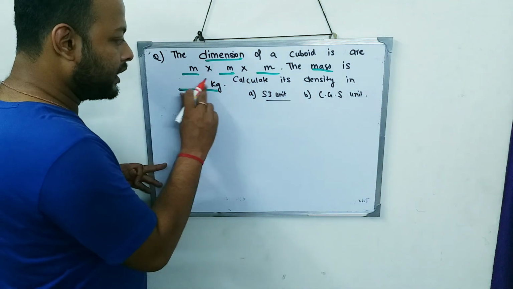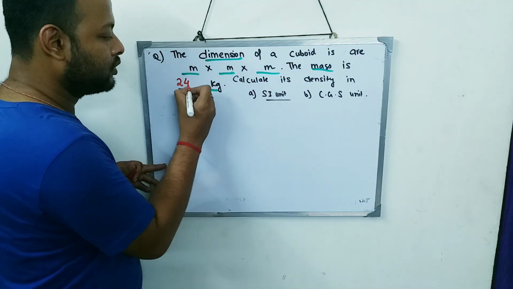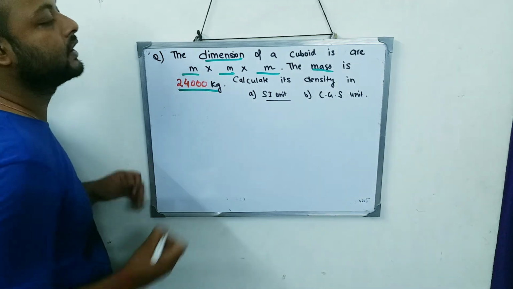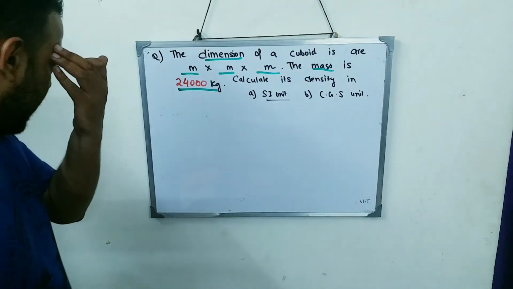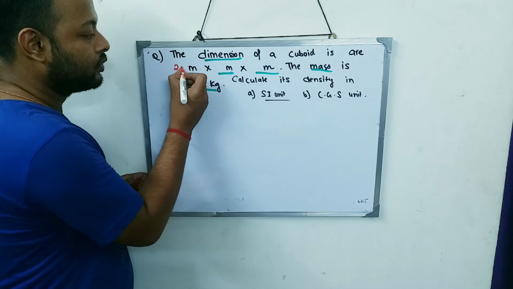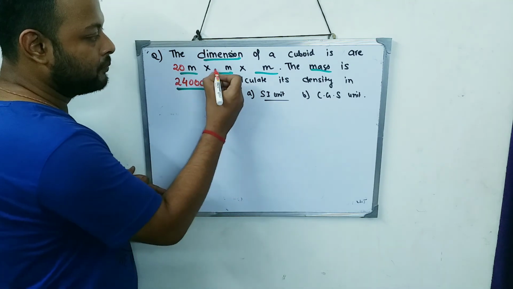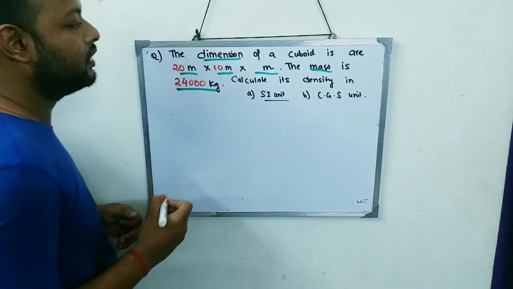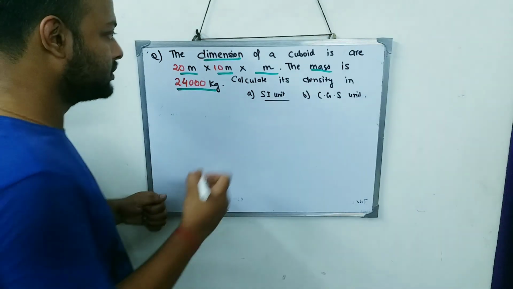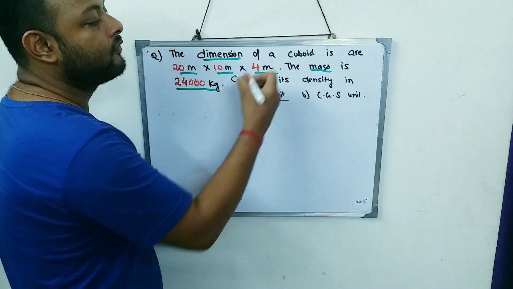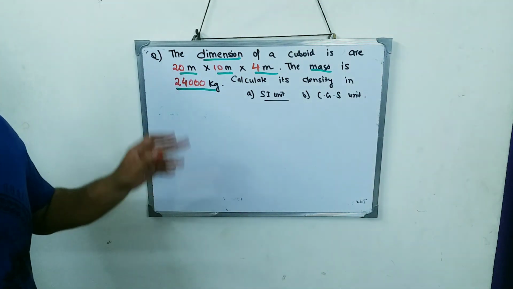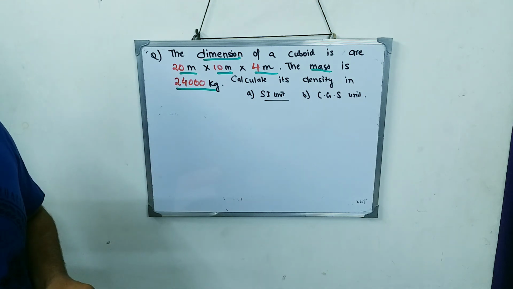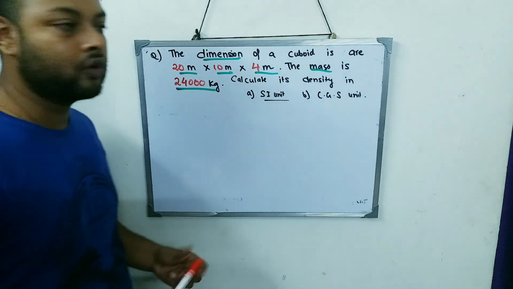The mass I want to keep as 24,000 kg, and the length becomes 20 meter, the breadth becomes 10 meter, and the height becomes say 4 meter. So you try this sum and write the answer in the comment section.